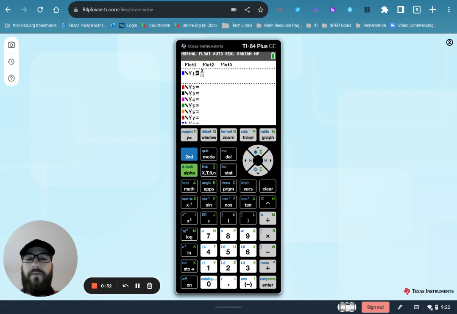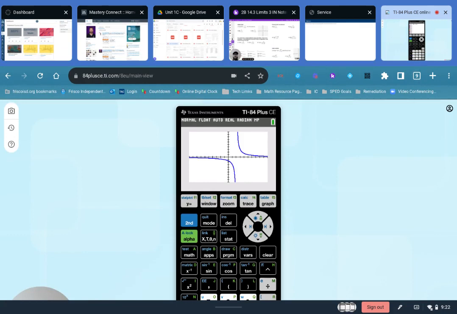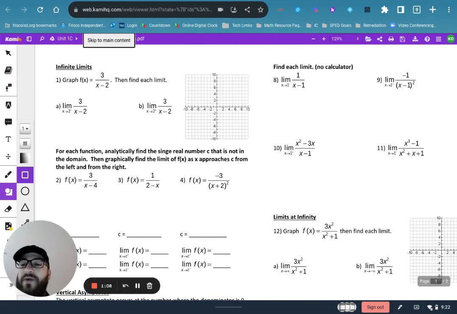3 over x minus 2. As we can see, it's a nice rational function. It's got a horizontal asymptote at 0 and a vertical asymptote at positive 2. So we're going to add that onto our graph.